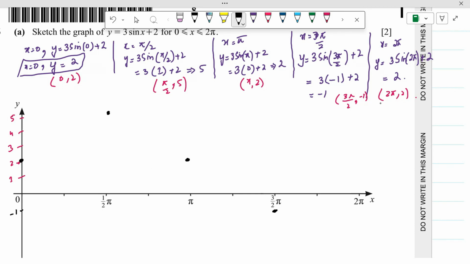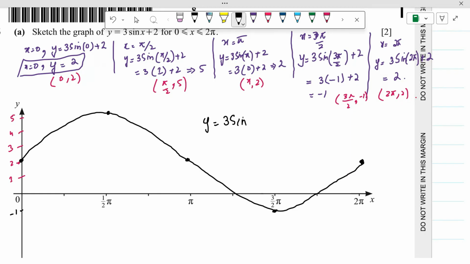And when we have 2 pi, we will have 2 again.